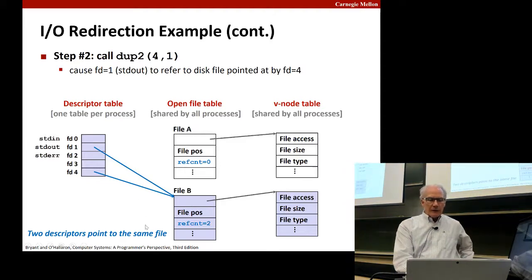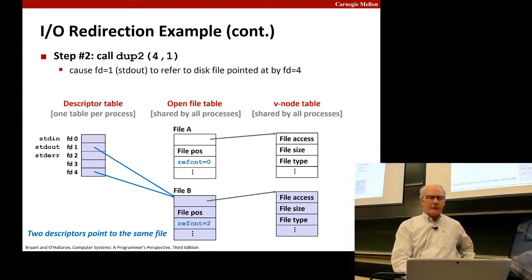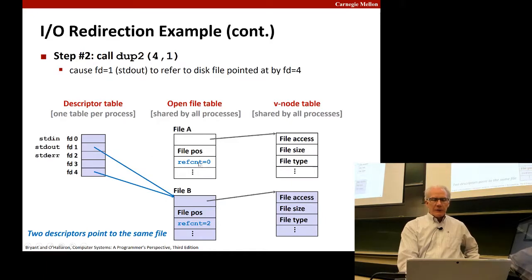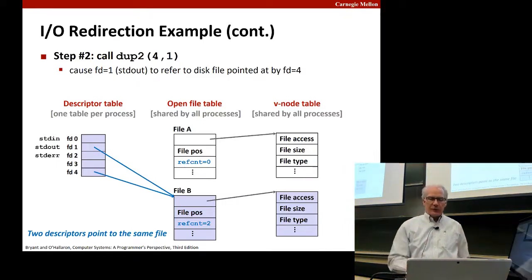And as I do that, I'll increment the reference count for the second file, and the dup2 will also decrement the reference count for the original file that file descriptor 1 pointed to. That original entry will get set to reference count 0, which means that the file is no longer accessible.